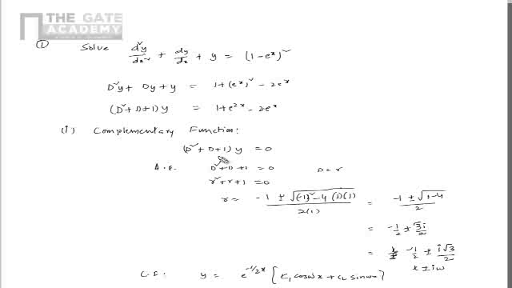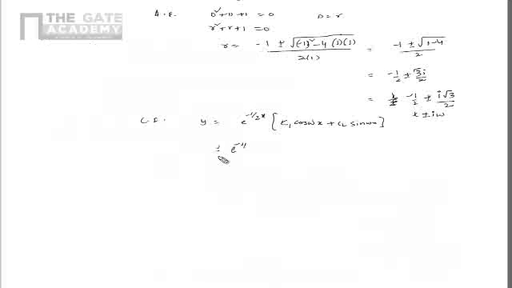Substituting the values, e power minus half x, c1 cos root 3 by 2 x plus c2 sin root 3 by 2 x. So this is the complementary function.